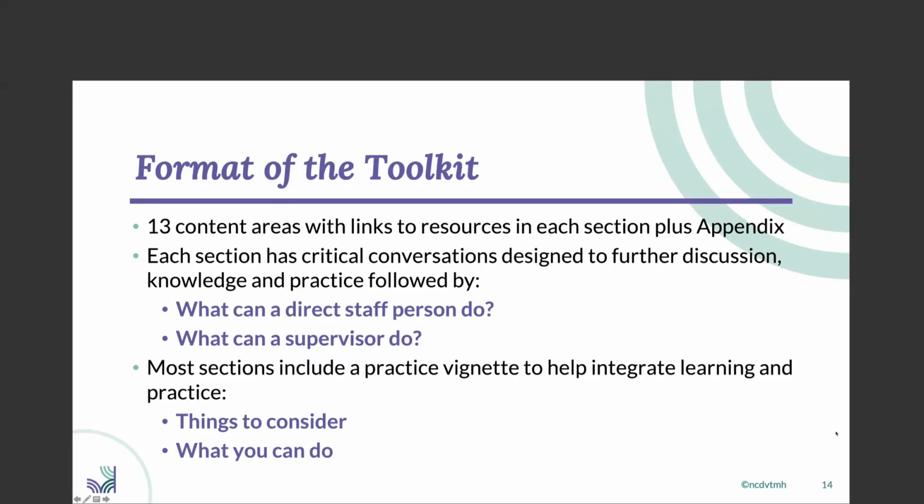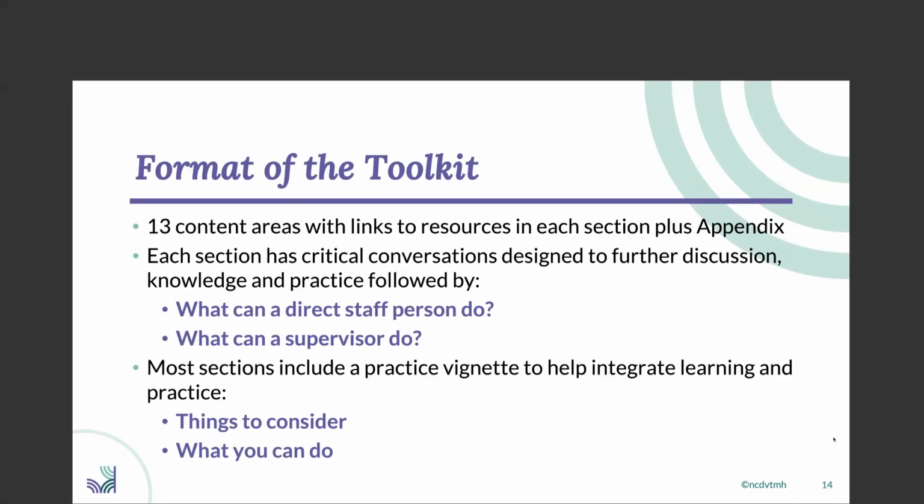And then to really help folks integrate the knowledge into everyday practice, each of the sections has something called critical conversations, and we will show you an example of that a little later on. Basically it's really having conversations with your team.